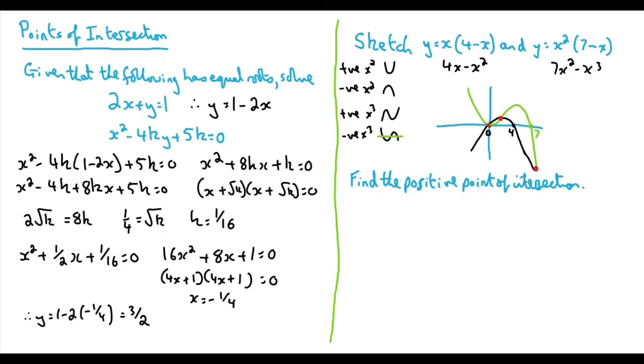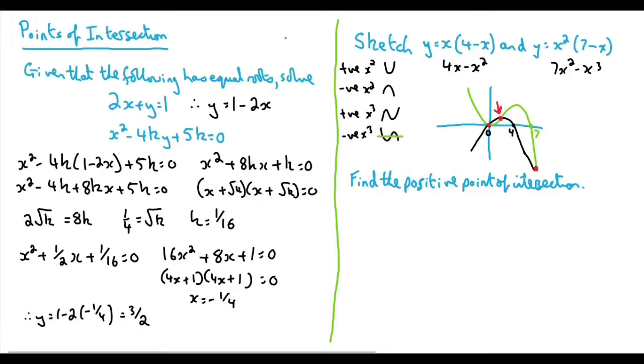Well, using this, we would like to therefore find the positive point of intersection. Let's say though, there's 3 points, which one is the positive? Well, at 0, 0, that's kind of neutral, that's neither positive nor negative. This one up here is obviously both positive, and this one down here, even though the x is positive, the y is negative. So yeah, it's this one in the middle that we're going to be looking for.